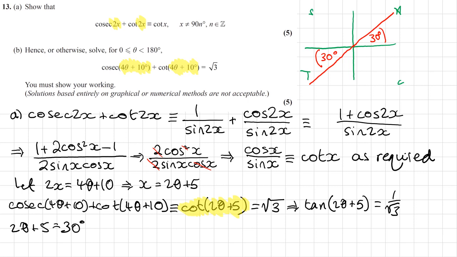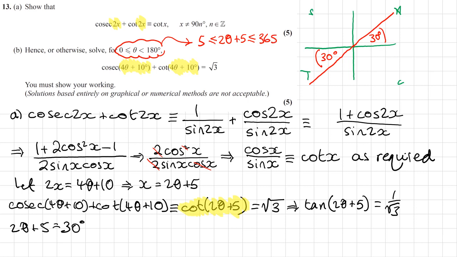We're going to adjust our range because this is the range for theta. So we're going to make it a range for 2 theta plus 5, which means that I times the two sides of the inequality by 2 and add 5. So it will be 5 on one end and the other end will be 365.